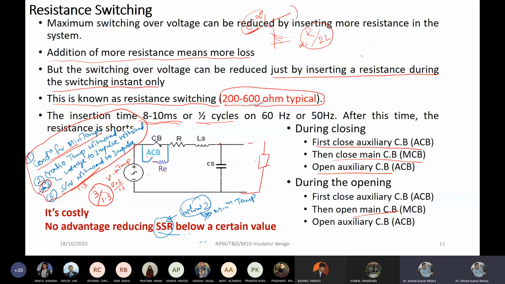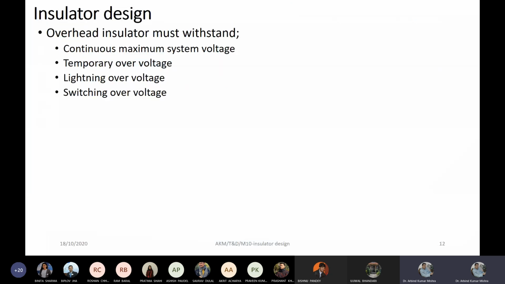We have discussed several times that whenever we design an insulator, it should not only withstand the maximum system voltage continuously, but should also withstand the temporary over voltage, lightning over voltage, and switching over voltage.